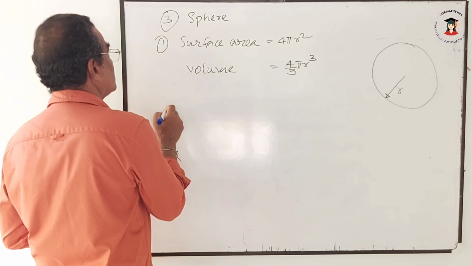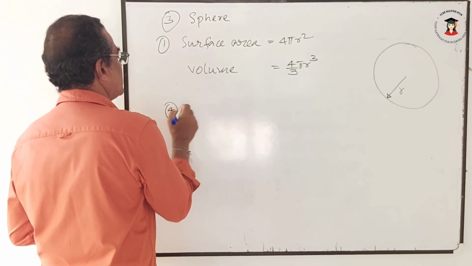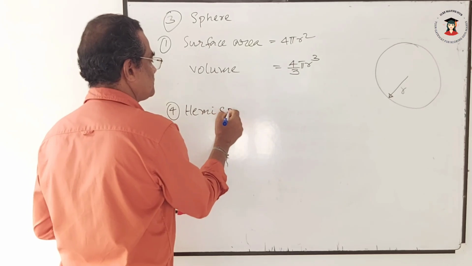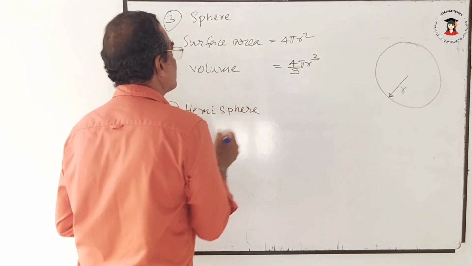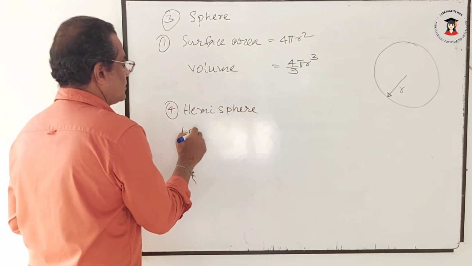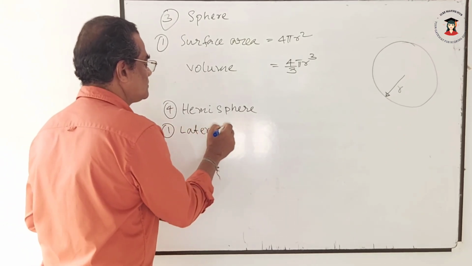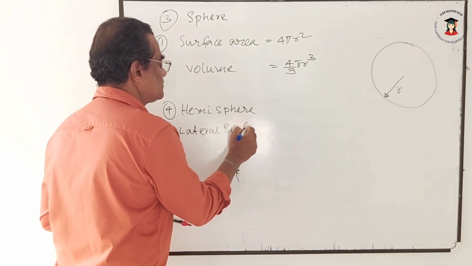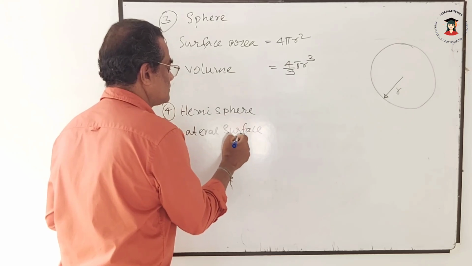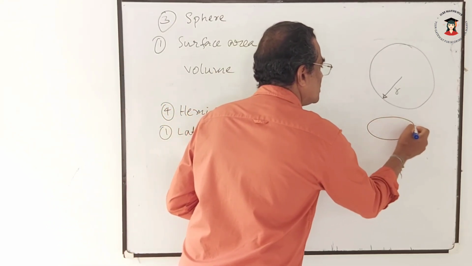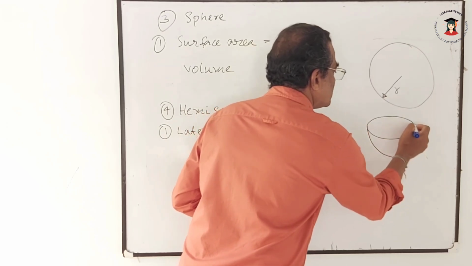Then comes the hemisphere. Here we have the lateral surface area. Hemisphere will be like this, so there is one end surface.